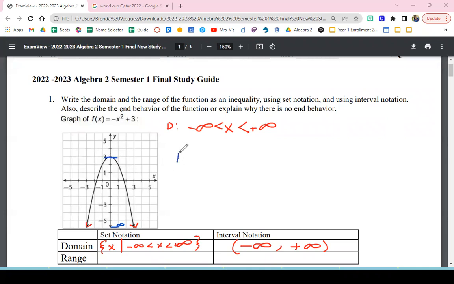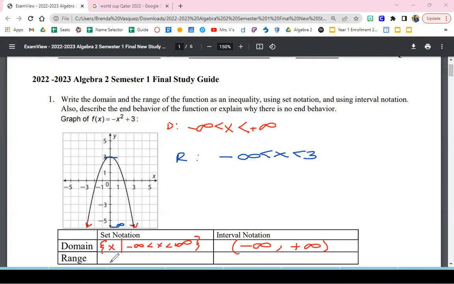So my range comes from -infinity. We always start from the lowest, and it stops at 3. So y is going to be somewhere in between: greater than -infinity, but less than or equal to 3.